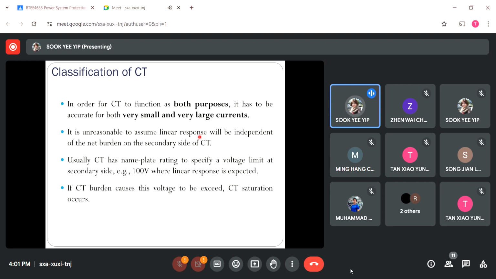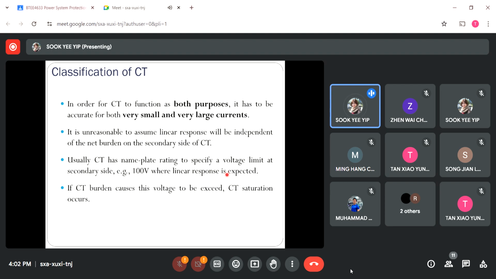Usually a current transformer will be given a spec like this, where its nameplate specifies the voltage limit that can be generated at its secondary side. For example, 100 volts would be the knee point voltage value, where if you keep the secondary side voltage lower than 100 volts, the linear response will be expected.